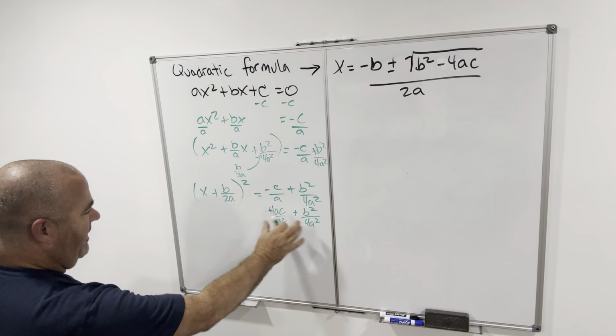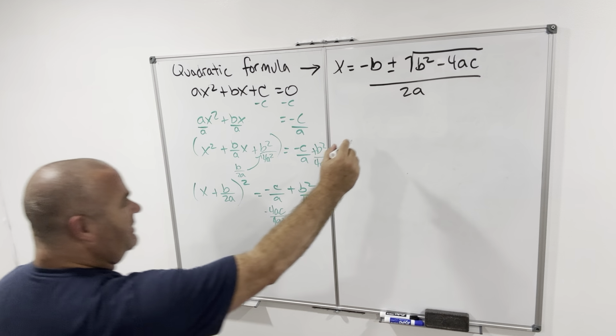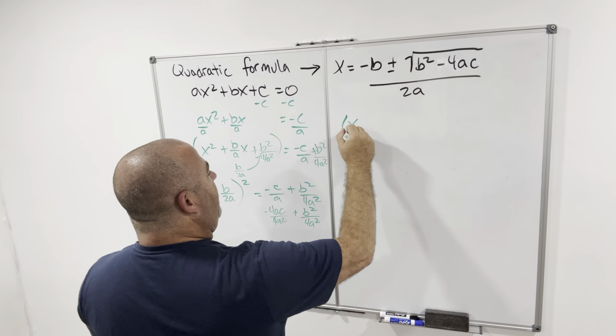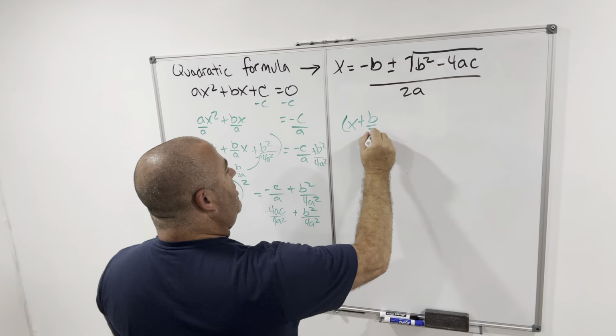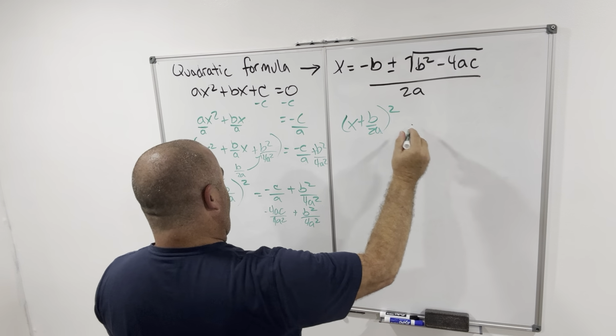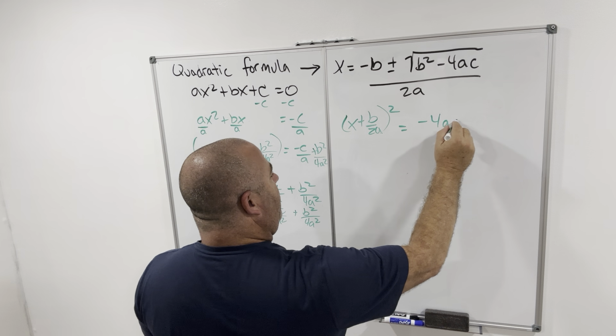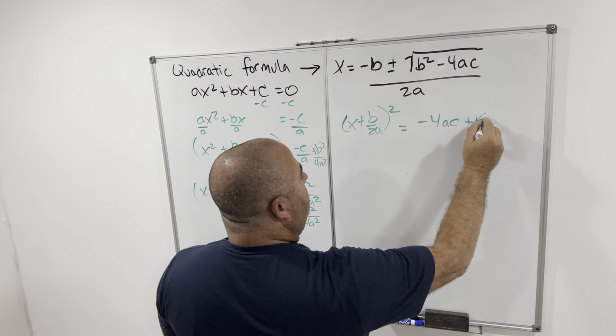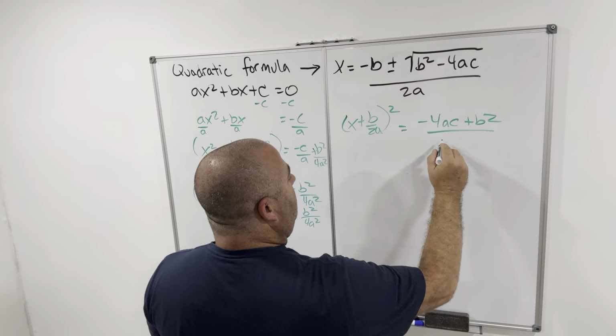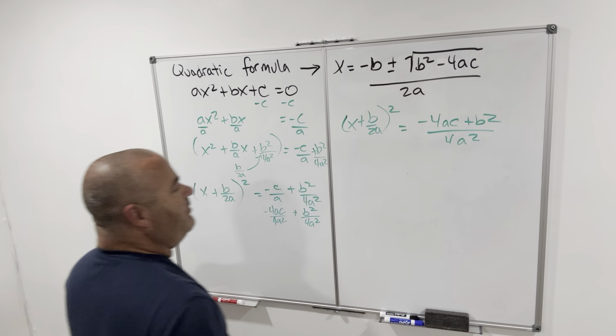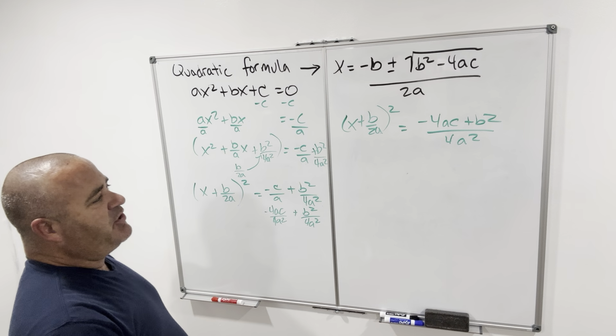So now we can combine these. That gives us x plus b over 2a, squared, is equal to negative 4ac plus b squared all over 4a squared. Now, we're going to take the square root of both sides here.